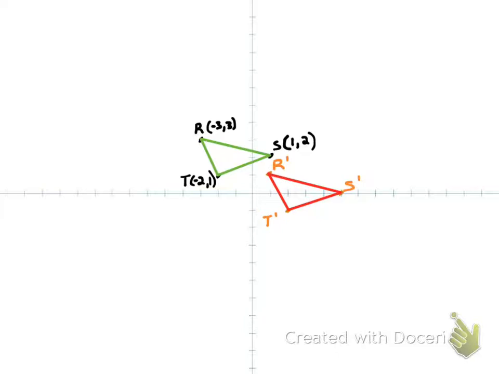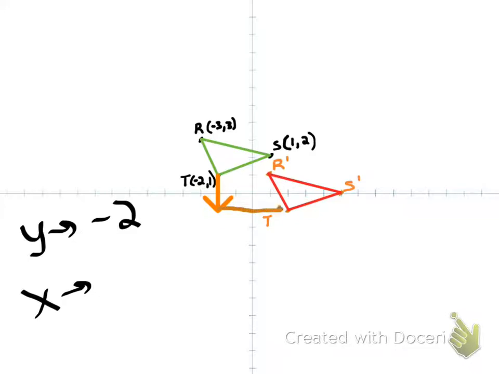It went from here down 1, down 2. So if I went down, that should be subtract 2 for y. And x, if I went to the right, 1, 2, 3, 4, then I'm adding 4 for x.